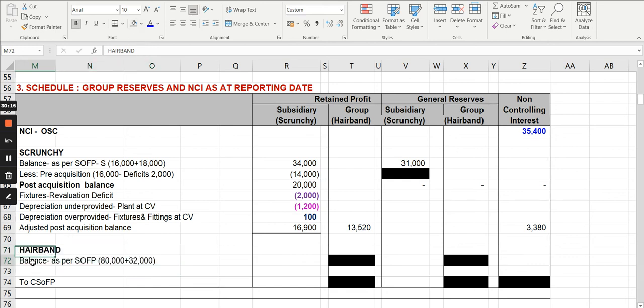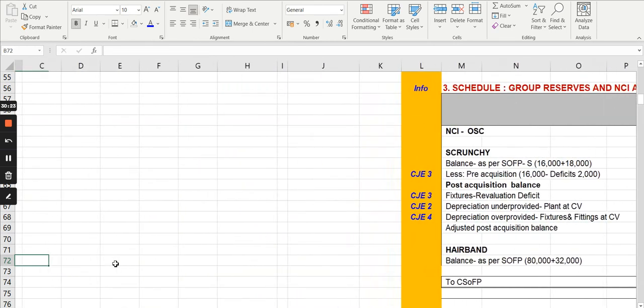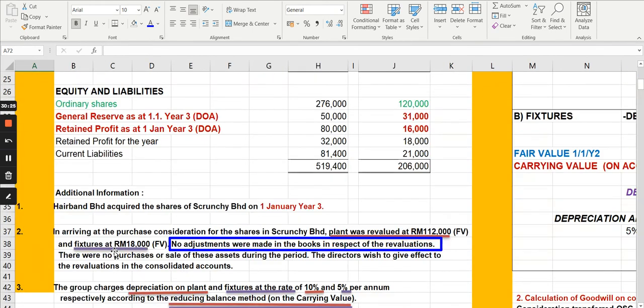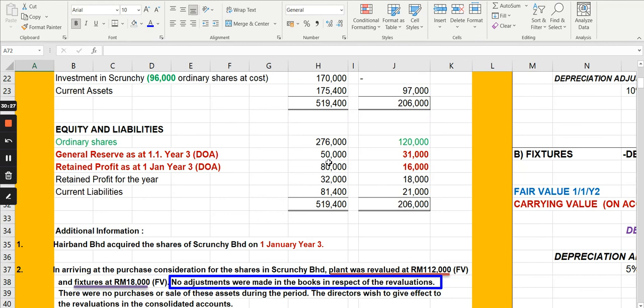Hairband is the parent, so I put the balance as per soft P. So let us check what is the balance. So if you see, the balance would be here. Balance that you will add up: 80,000, the one at the beginning of the year under the parent, with the one during the year under the parent as well.